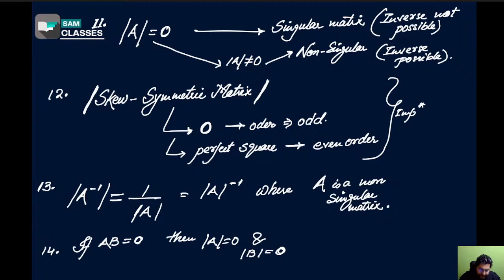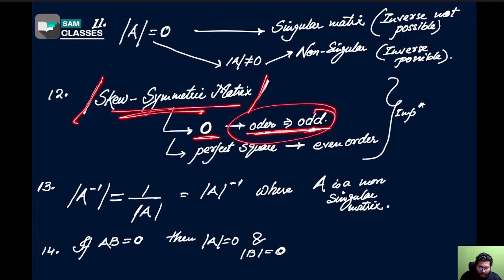Now, let's see the next part. If I am doing the determinant of a skew-symmetric matrix, it depends on what? It is 0 if the order is odd. Simple. If I have a skew-symmetric matrix and the order is odd, like 3 or 5, directly I'll put 0.